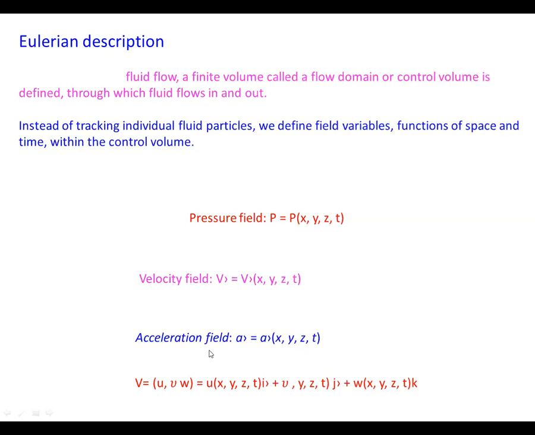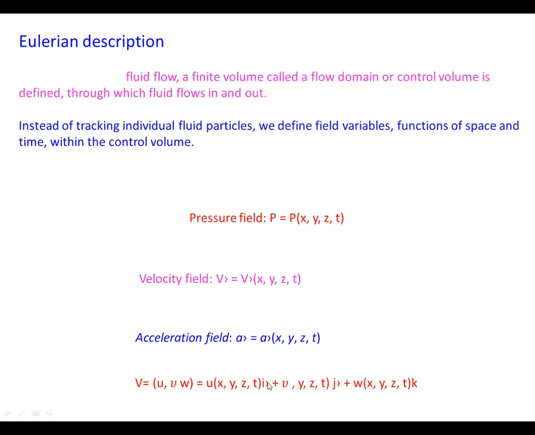The total acceleration is given by the acceleration in the x direction, y direction, and z direction, so the acceleration in each direction varies. Similarly, in the velocity field, each direction has a different velocity. The final one is represented in terms of the unit vectors i, j, k.